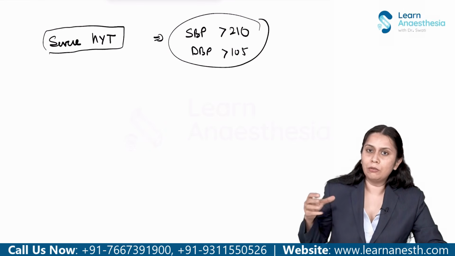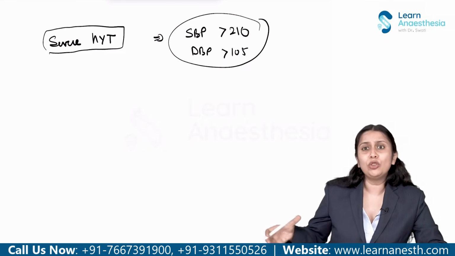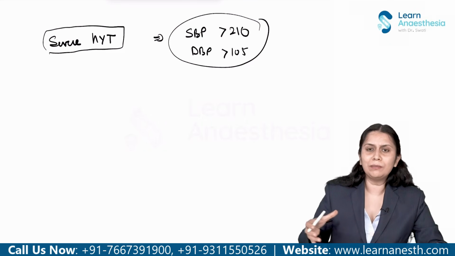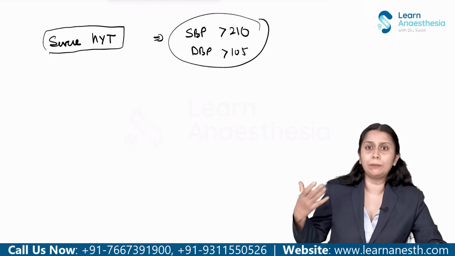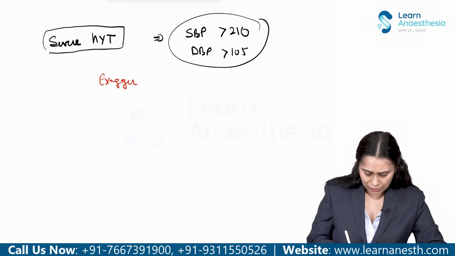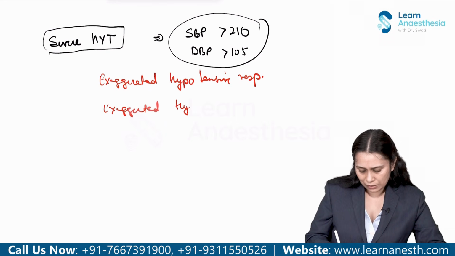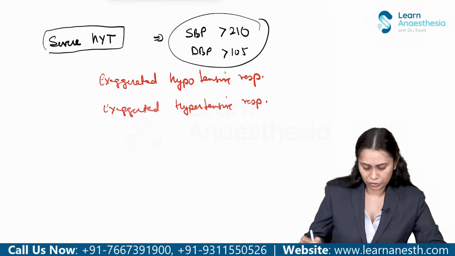With the anesthetic agent given, exaggerated hypotension is seen in them, and with noxious stimuli and an inadequate level of pain control, exaggerated hypertension is seen. So these patients had risk of an exaggerated hypotensive response and an exaggerated hypertensive response to the noxious stimuli.